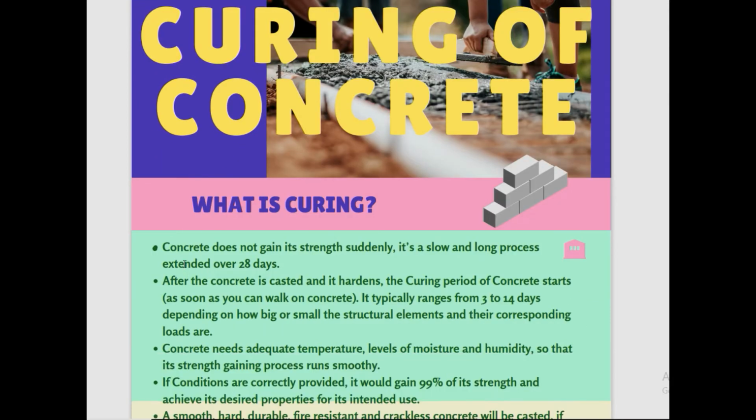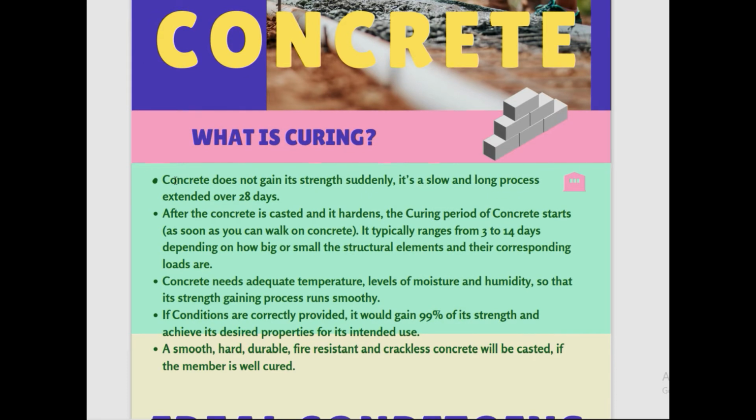The first point, the most important point of this curing methodology, is that concrete does not gain its strength suddenly. It is a slow and long process extended over 28 days. You have to understand this point completely: the strength gain of concrete is not sudden. It's a slow process, and this slow process is called the curing period.